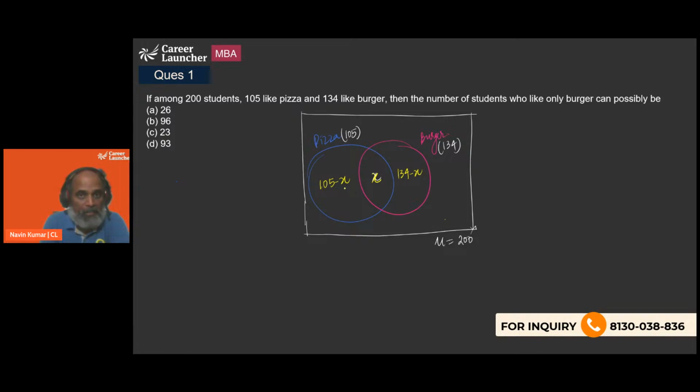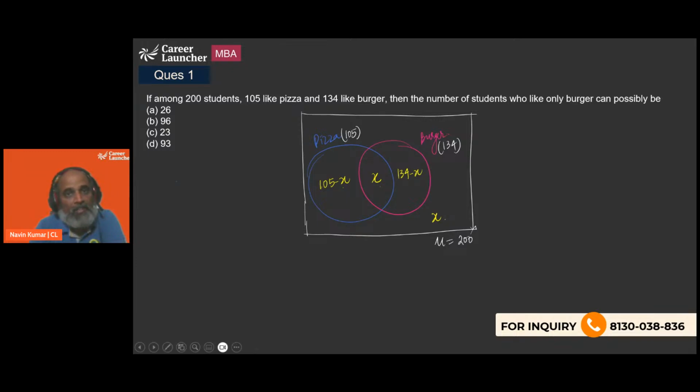So if I look at the variables, we have minus x and plus x. They are additive inverses of each other. Basically, it means that they will add to give us 0. So we have a minus x and an extra, so we need a plus x. So variable wise, if you add all the x's, everything is gone. Let's look at the numbers. 105 plus 134 is going to be 239.